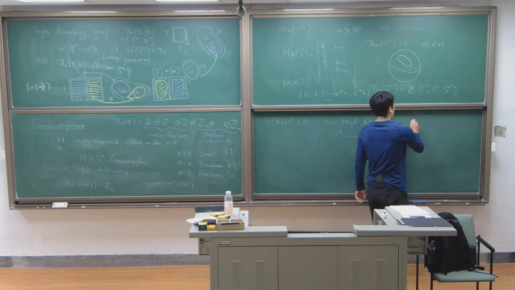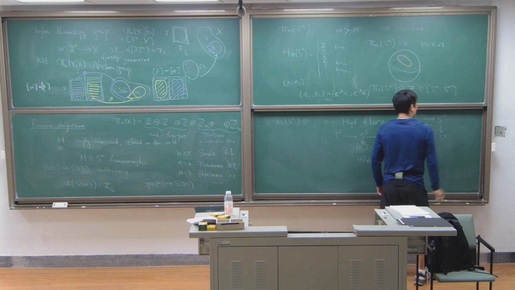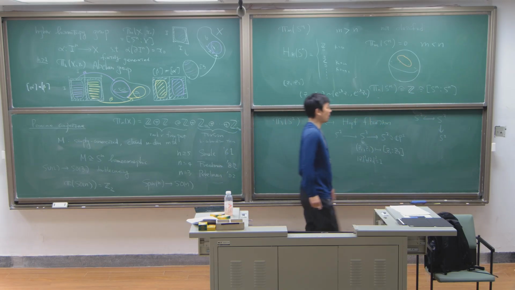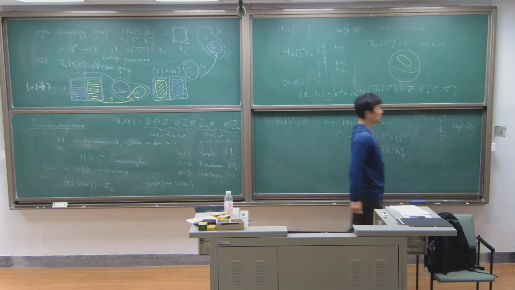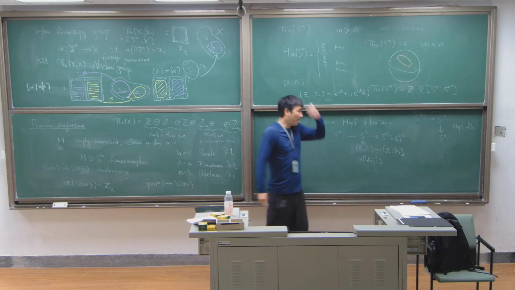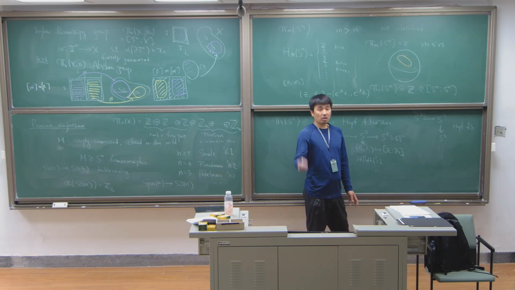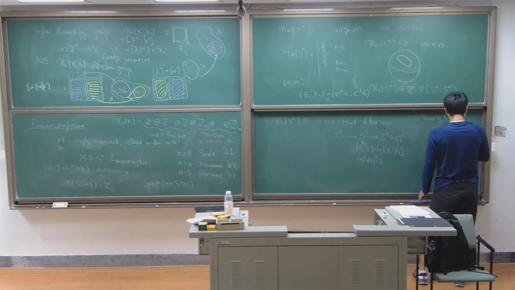So it becomes an S1 bundle over S2. This is called the Hopf fibration. Later we will introduce the so-called connection on vector bundles or principal G bundles, but this is related to the so-called Dirac magnetic monopole.